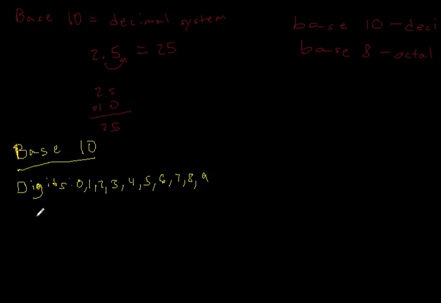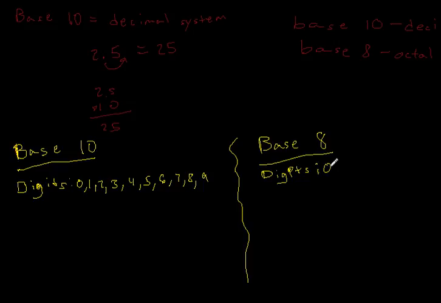Let's take a look at this in a second. Whereas base 8, the place values are powers of 8, but my digits here would be 0 through 7. So 0, 1, 2, 3, 4, 5, 6, 7.